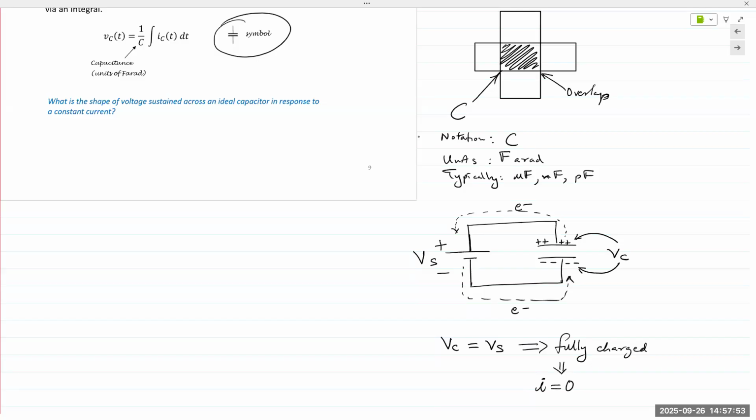But again, remember the keyword, we don't have an ideal component in the real world. It's never ideal. So depending on the size of the capacitor and the insulation between the plates, it'll slowly discharge either through the air or through that insulating material itself.